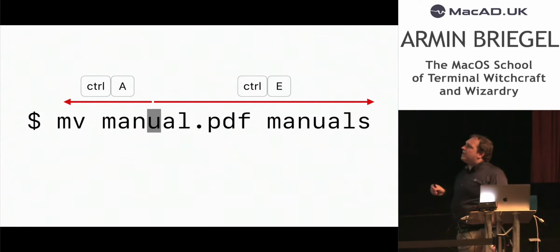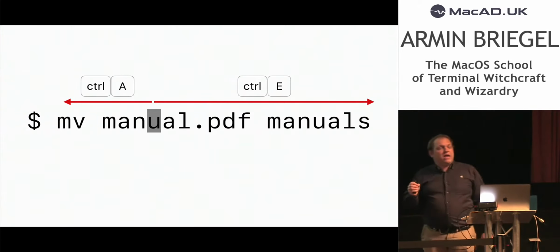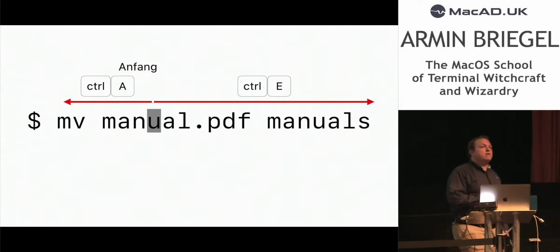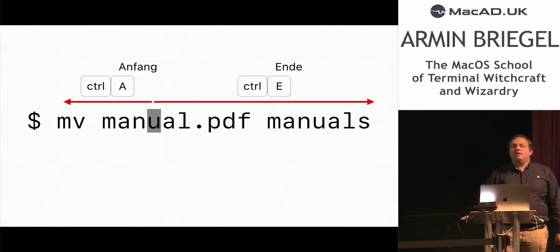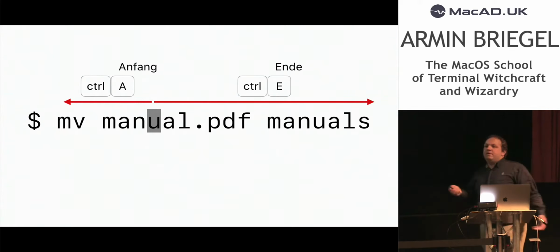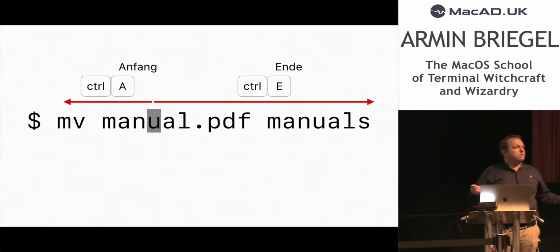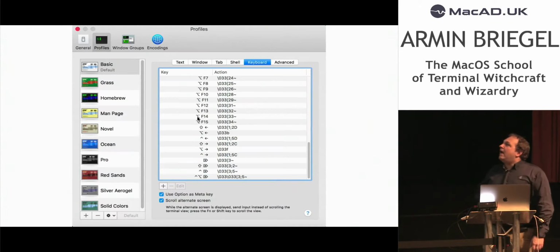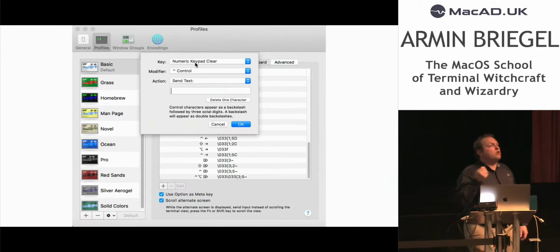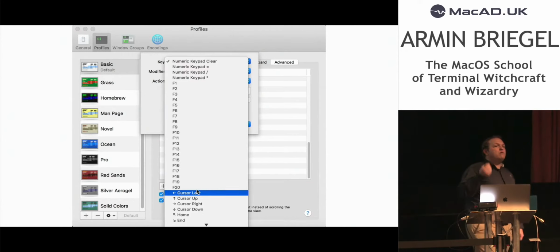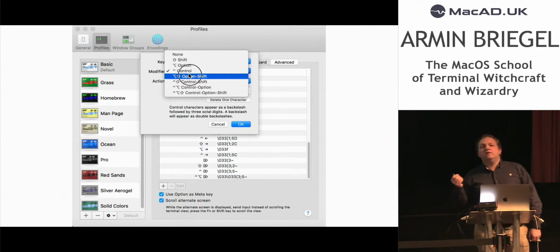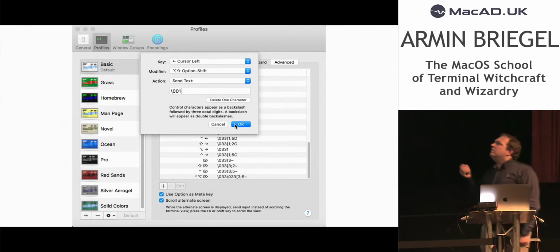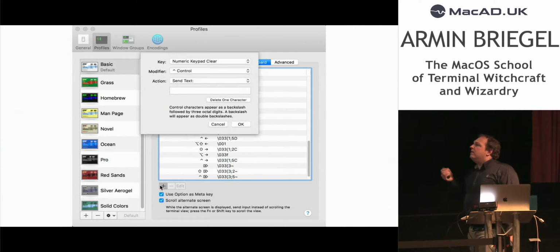To go to the beginning of the line and the end of the line, we have Control A and Control E, which makes sense if you're German, because A is Anfang and E is Ende. If you're Anglophone, I'm sorry, I couldn't think of a mnemonic, but yeah. And the surprising thing, there's no macOS arrow key predefined in terminal to do this. You can go into the keyboard preferences in the terminal command and define your own.